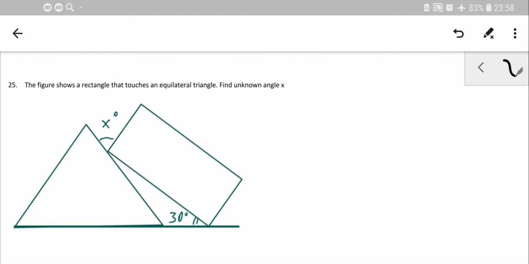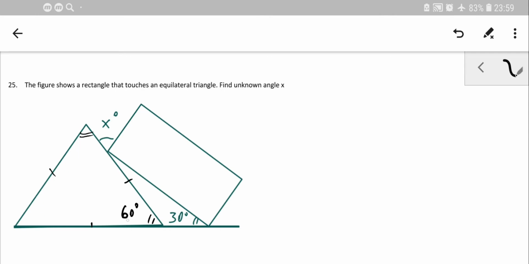Let's go to 25. The figure shows a rectangle that touches an equilateral triangle. Find the unknown angles. First of all, let's mark all sides the same. Because all sides are the same, we know that the degree measure of each interior angle is 60.